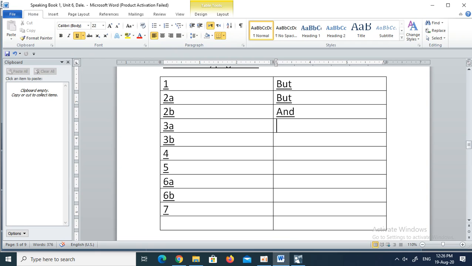Number 3A. It's okay to use sections of an internet article in your paper, but you need to give the author's name.